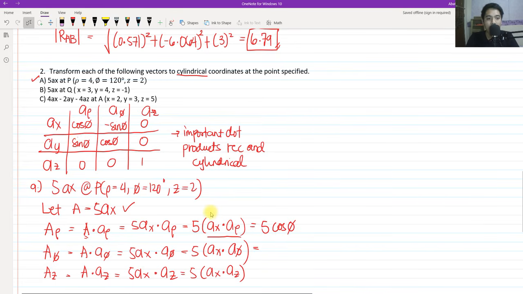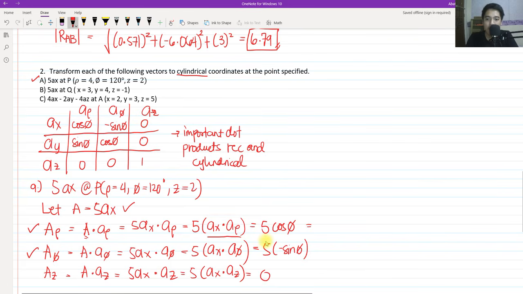For phi, we have 5 a sub x multiplied by a sub phi, and that is negative sine of phi. For the last one, a sub x dotted by a sub z, as you can see here, that should be 0.